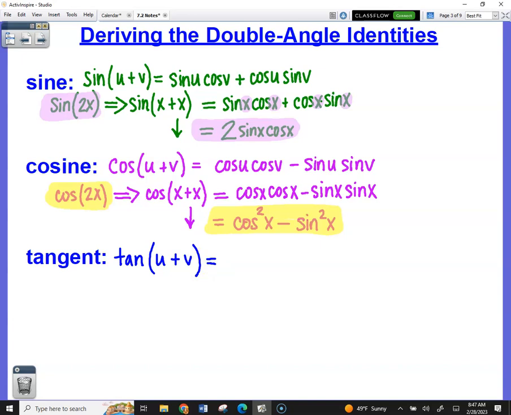In 7-1, the tangent sum formula was tan u plus tan v over 1 minus tan u times tan v. That was the formula from 7-1. Now we're going to apply that to a double angle.